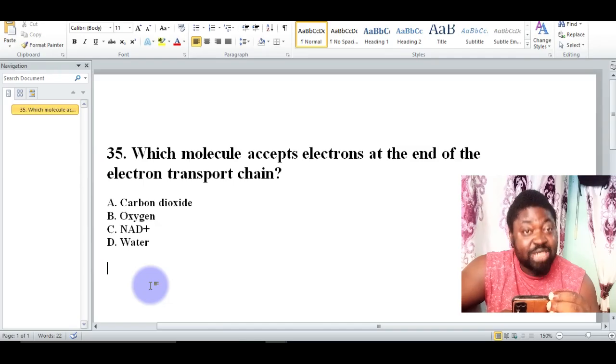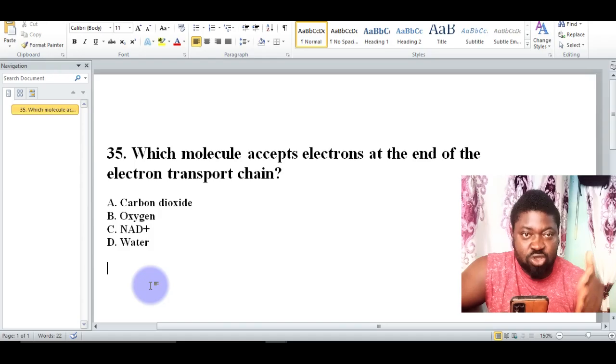The correct option here is option B, which is oxygen. Oxygen acts as the final electron acceptor at the end of the electron transport chain. When this happens, it causes water formation, allowing ATP production to continue.